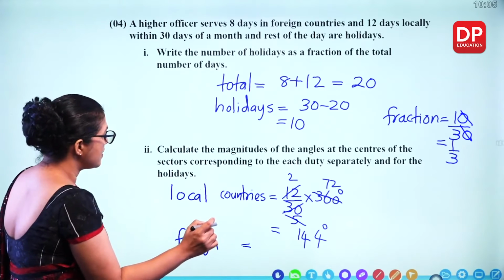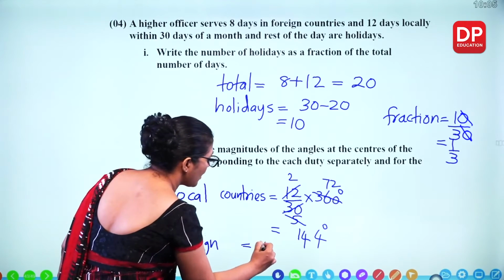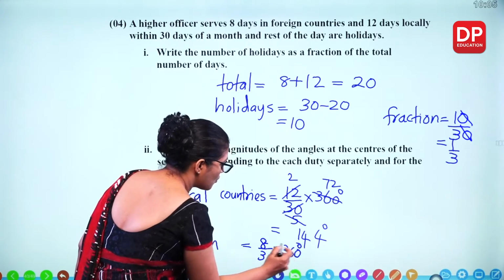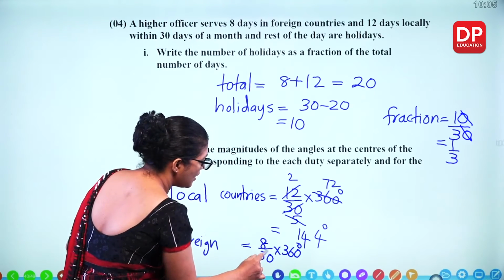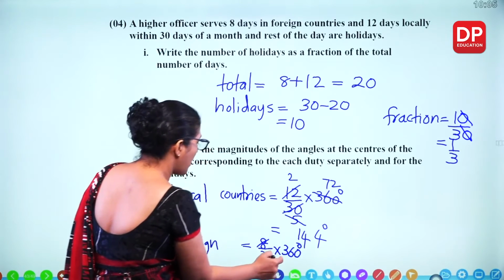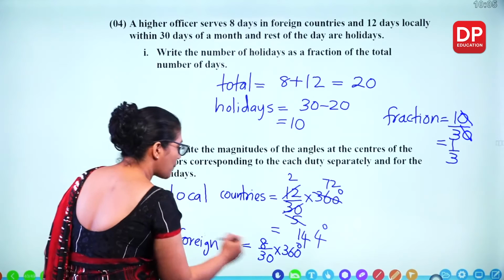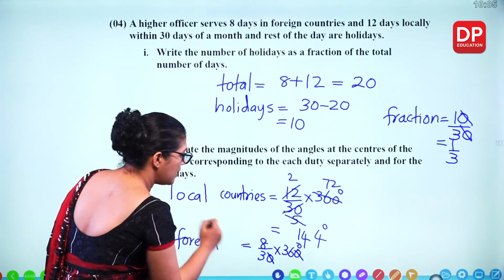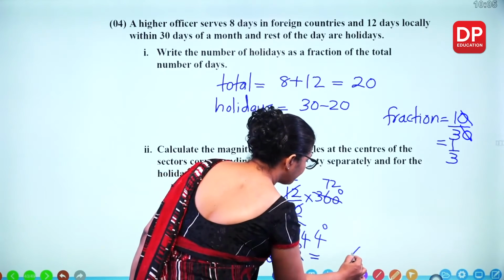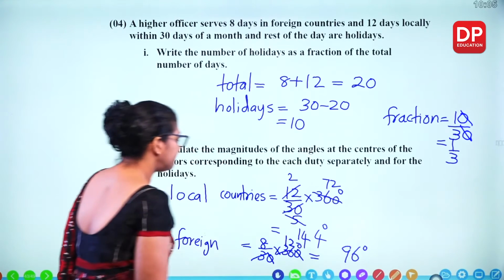Foreign countries, that's 8 over 30 into 360. So, same as before, you can divide here first by 10 and 3 times here 12, 12 times 8, that's 96.